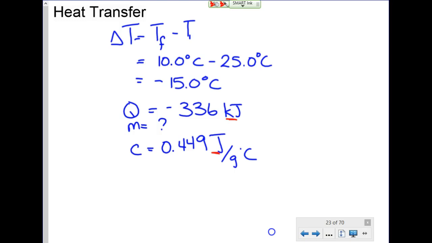Is it going to be easier to change kilojoules into joules? Or is it going to be easier to try to work with this one? It's going to be easier to work with this one because this one has 3 units in it.